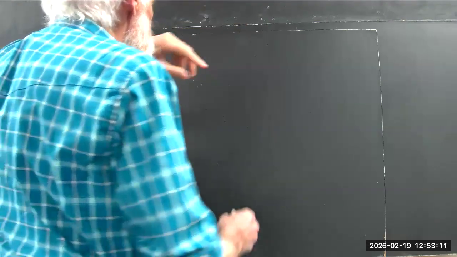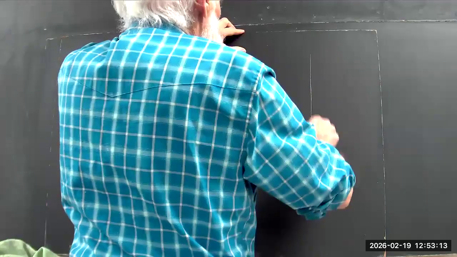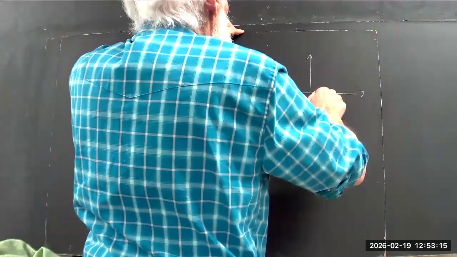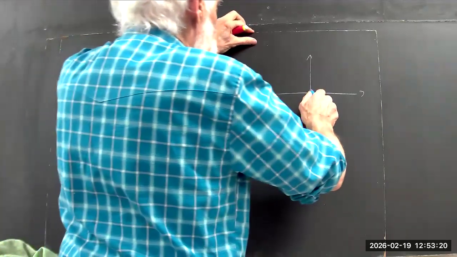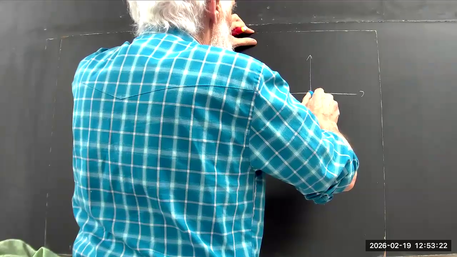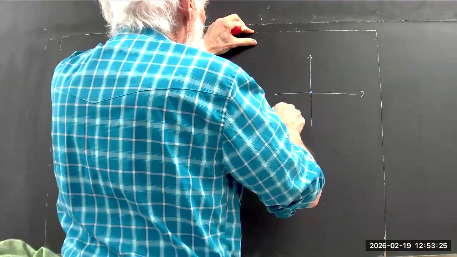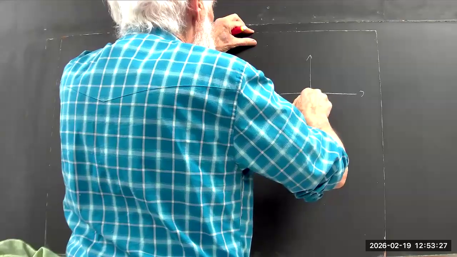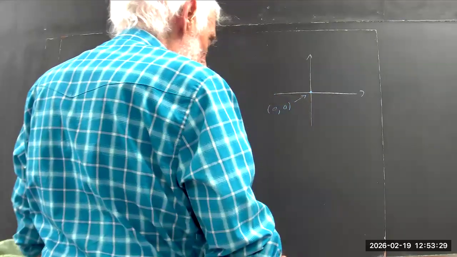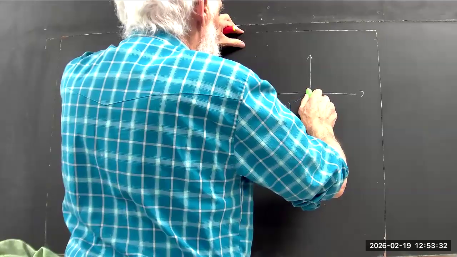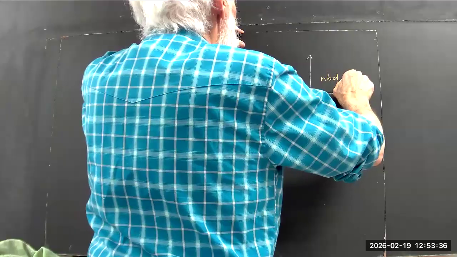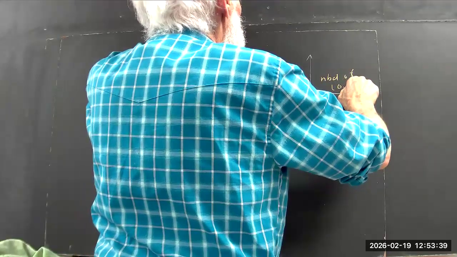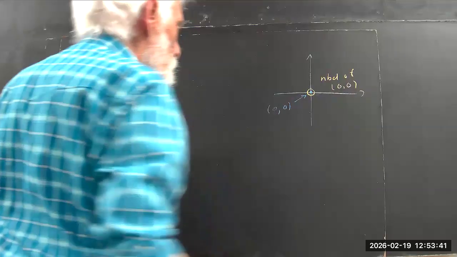So here we've got the point (0, 0). Here's the point, and here's a neighborhood of (0, 0).